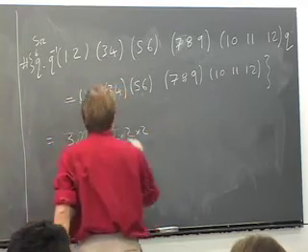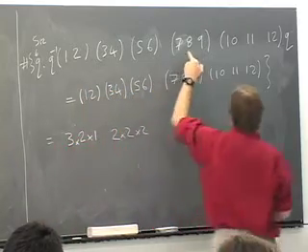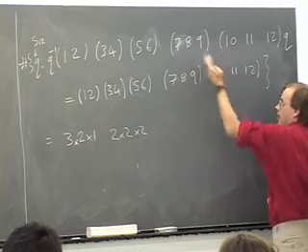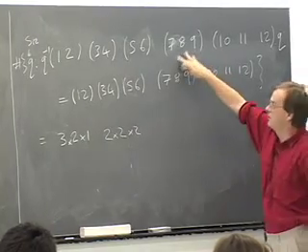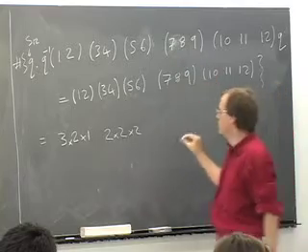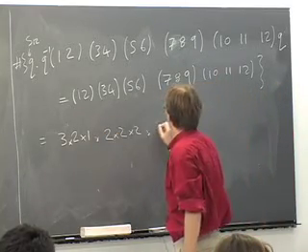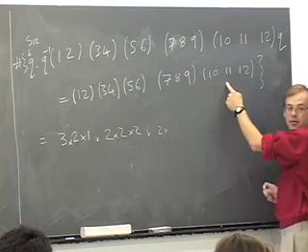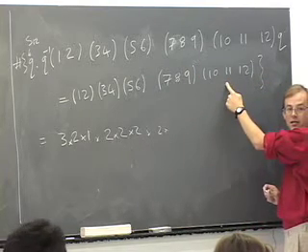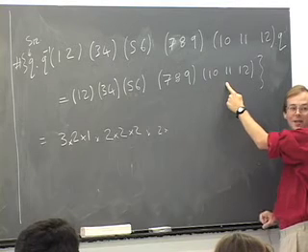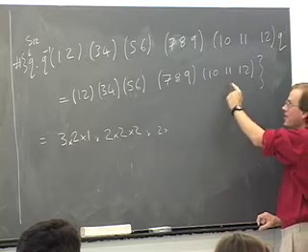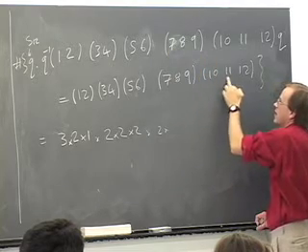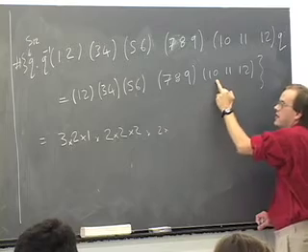Okay, and then let's look at the 3 cycles. How many 3 cycles could I match this with? 2. And how many ways of matching it are there? 3. I asked where the 7 goes. It can go to the 10 or 11 or 12. Let's suppose I send the 7 to the 10.